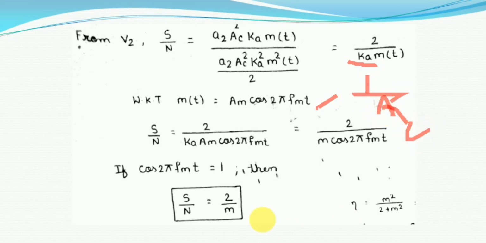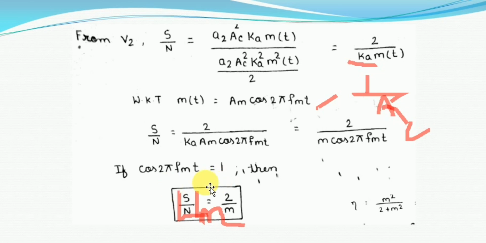If we substitute that, 2 by Ka is 2 times AC, so I can write it as 2 by M into cos 2 pi fmt, where Am by AC is the modulation index value. If I take the signal to noise ratio at its maximum value, then it is equal to 2 by M into the maximum of cos 2 pi fmt.